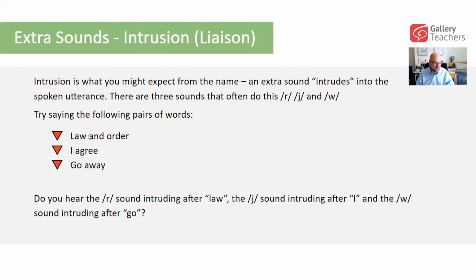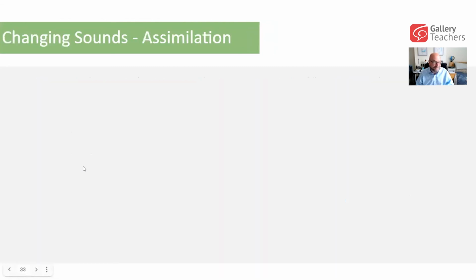And then we've also got a bit of linking here potentially, "and order." But the linking is taking place between the r and the and. Then we have the y, "I agree," and the w, "go away." Why this is happening is going to be a feature of a further Gallery Teachers' masterclass. So today is really just about making you aware of some of the main features.